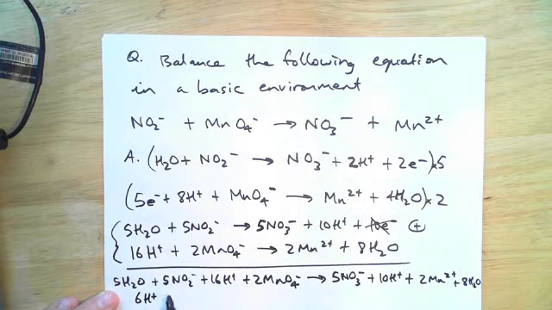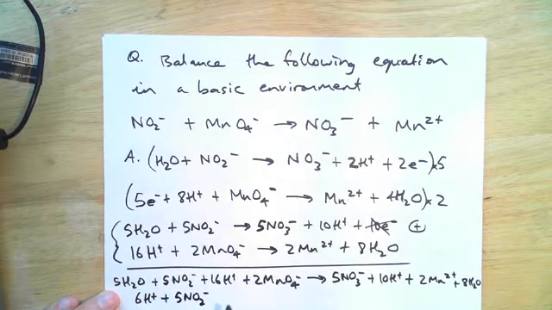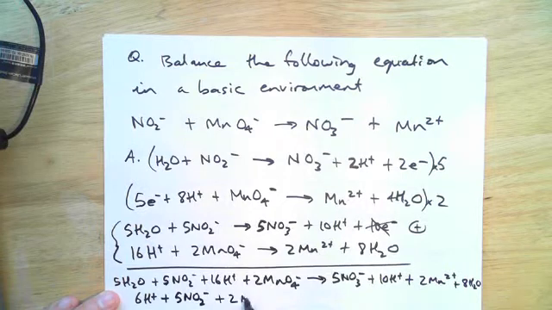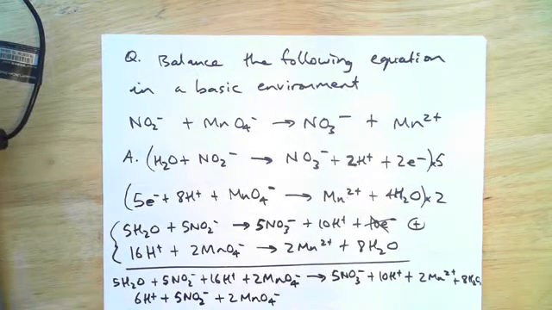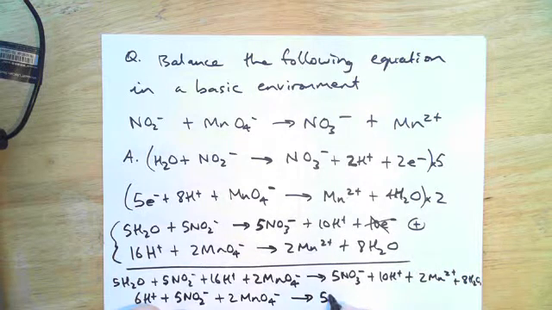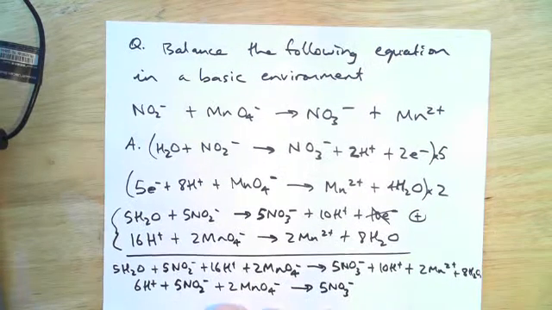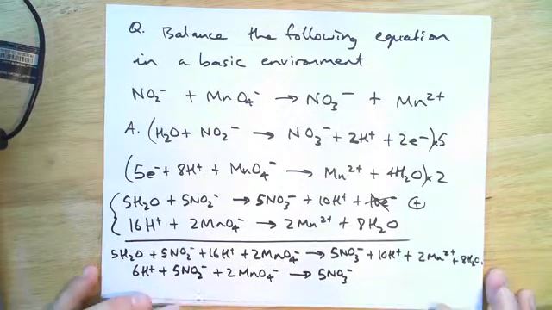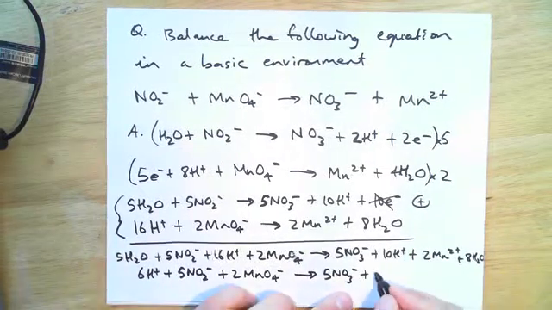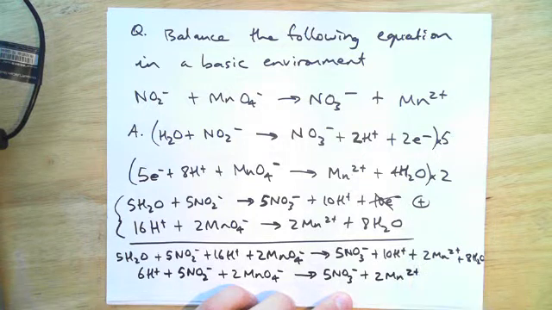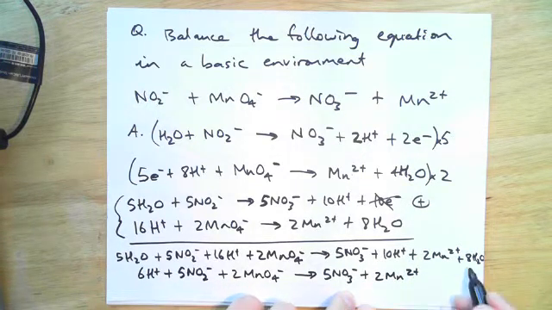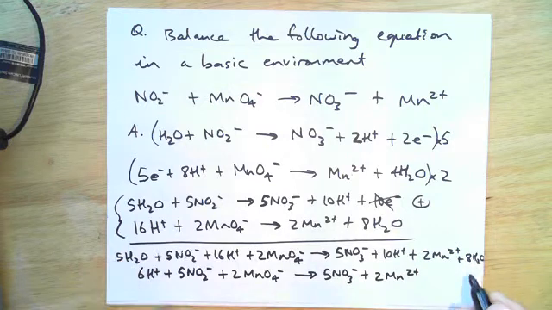So 6 H plus is going to be left on the left hand side. There's still going to be 5 nitrites here, and 2 permanganates. So now when I go to this other side, I still have 5 nitrates. I don't have any H pluses anymore because I took into account the 6 H pluses there. But I do have the 2 Mn2 plus, and I've got my 8 H2Os, but it's really 3 H2Os.